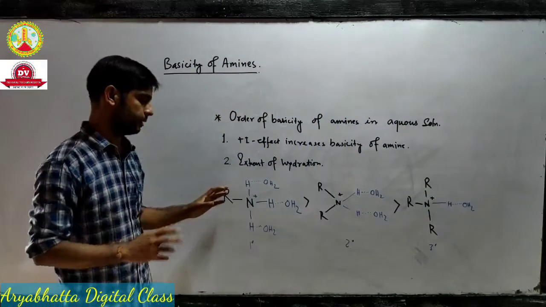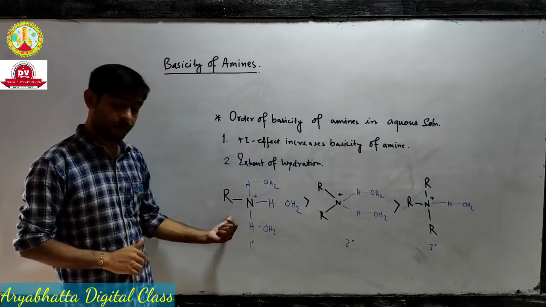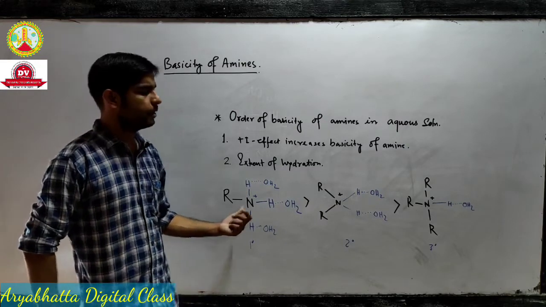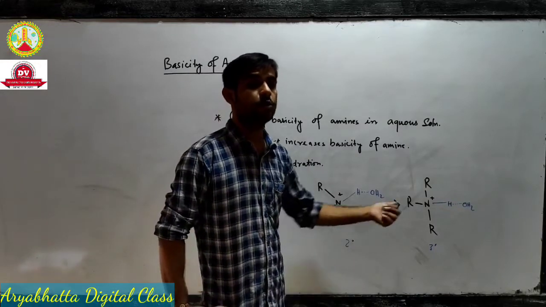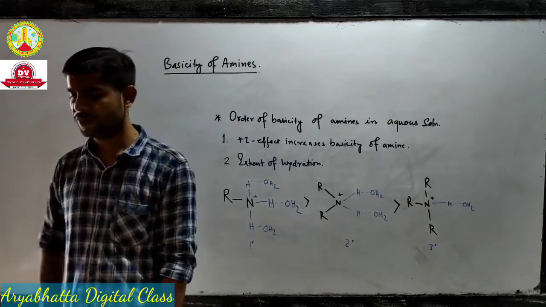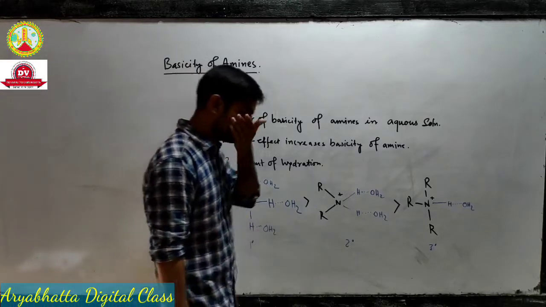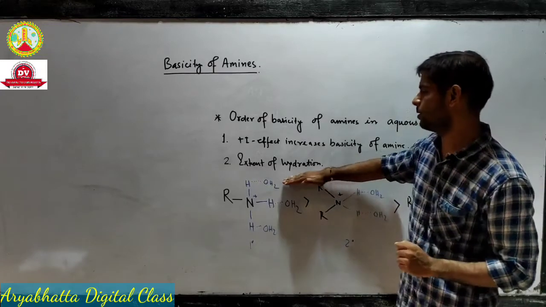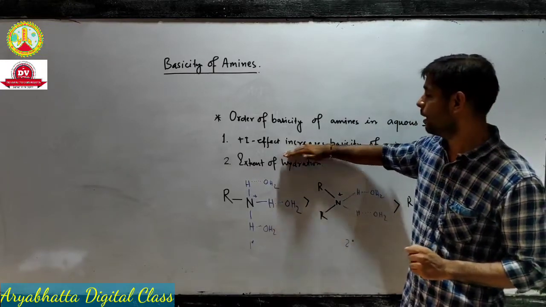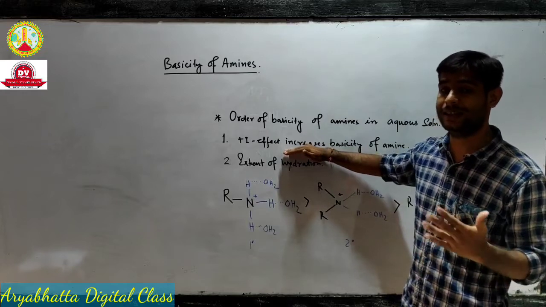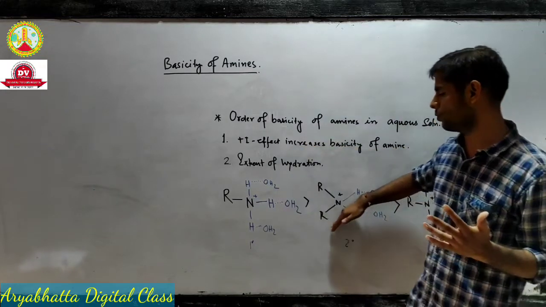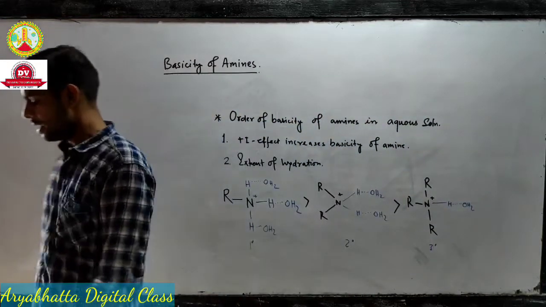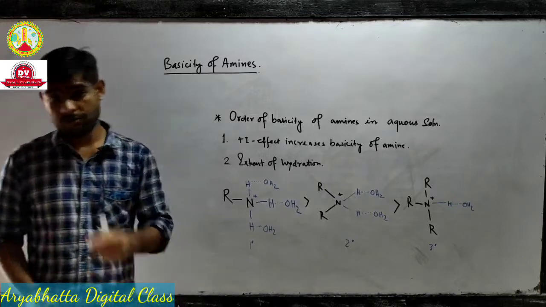That tells us that 1 degree amines should be more basic than 2 degree amines, and 2 degree amines should be more basic than 3 degree amines. But see, what is the problem? Just look at point number 1. The inductive effect says that 3 degree should be more basic than 2 degree and 2 degree more basic than 1 degree. It's just the reverse. And then we have another factor.